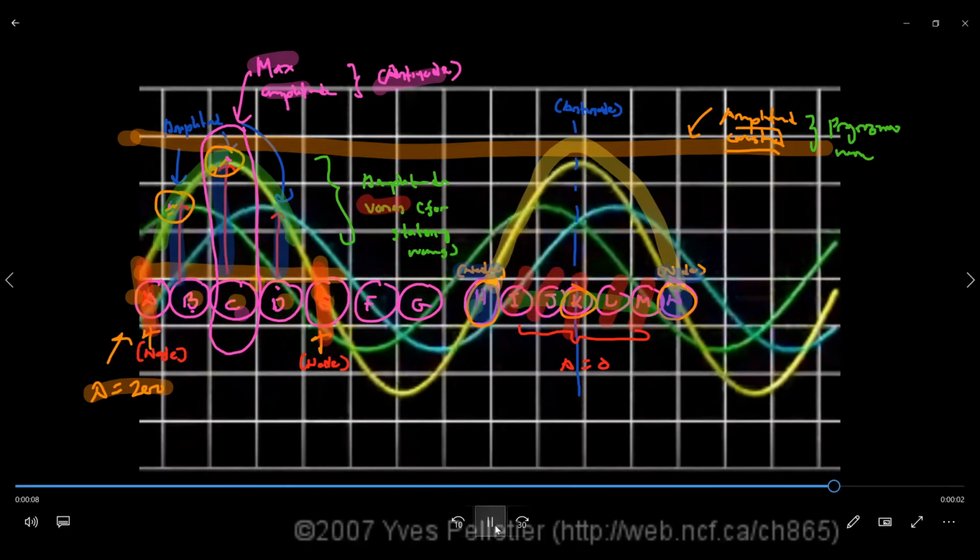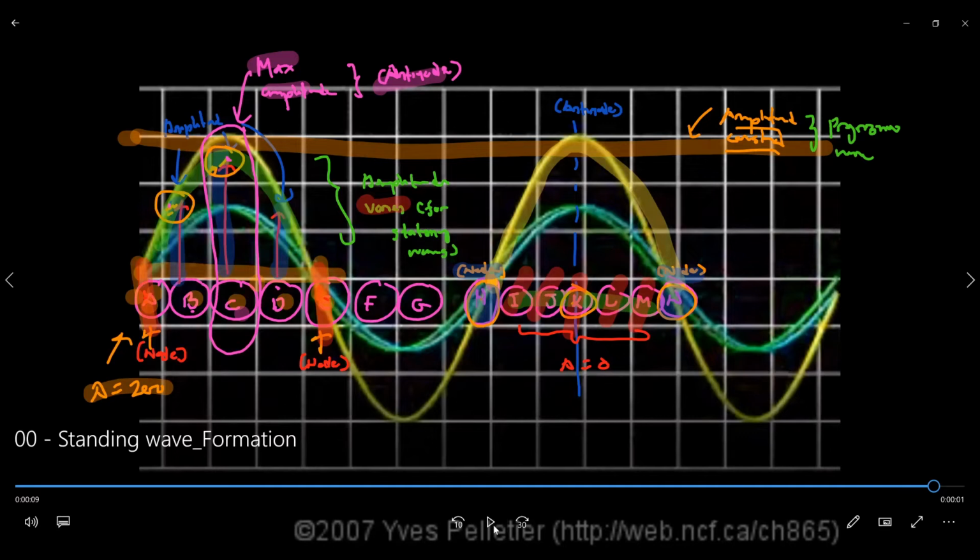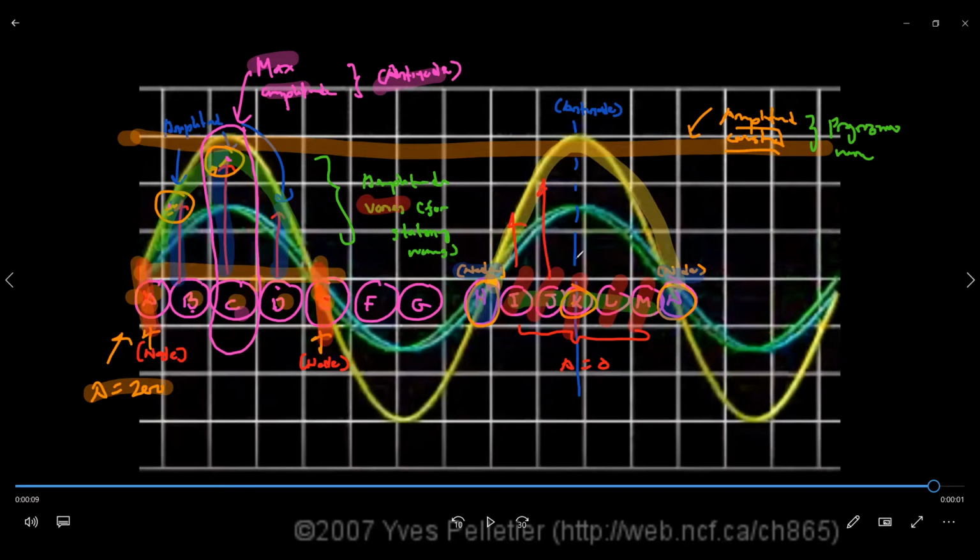Now, this time, I, J, K, L, and M are displaced according to these positions. So they are all at their amplitude position now. Each of these particles, I, J, K, L, and M, are at amplitude.